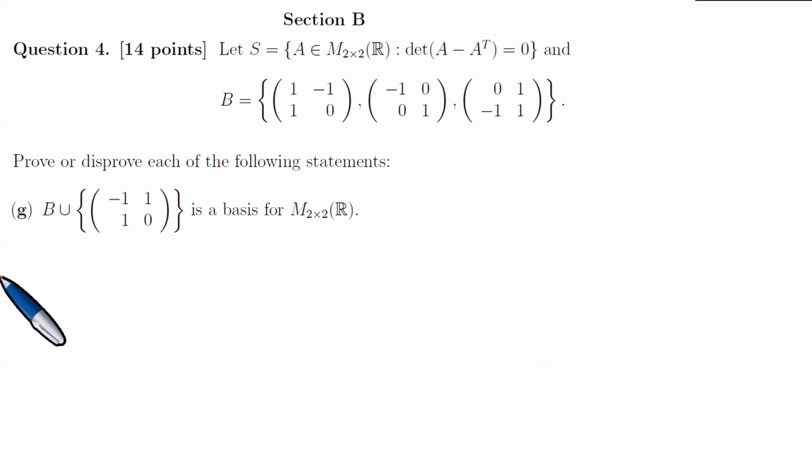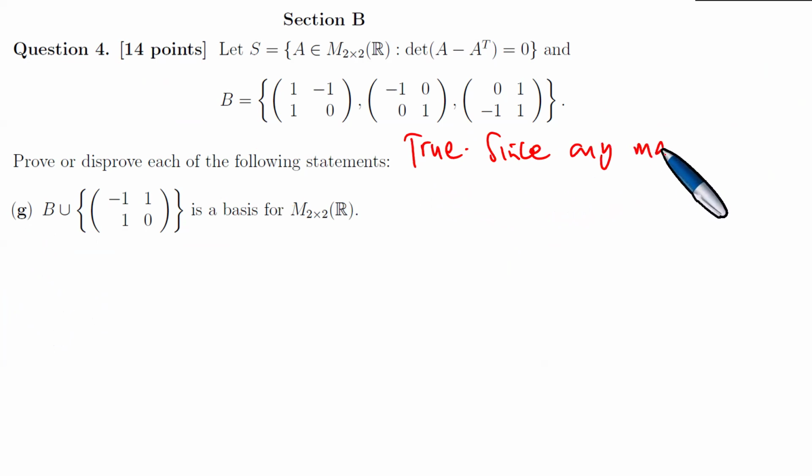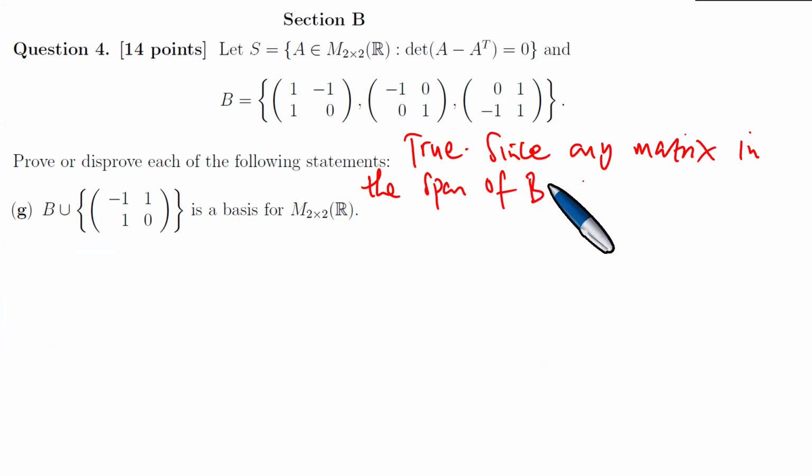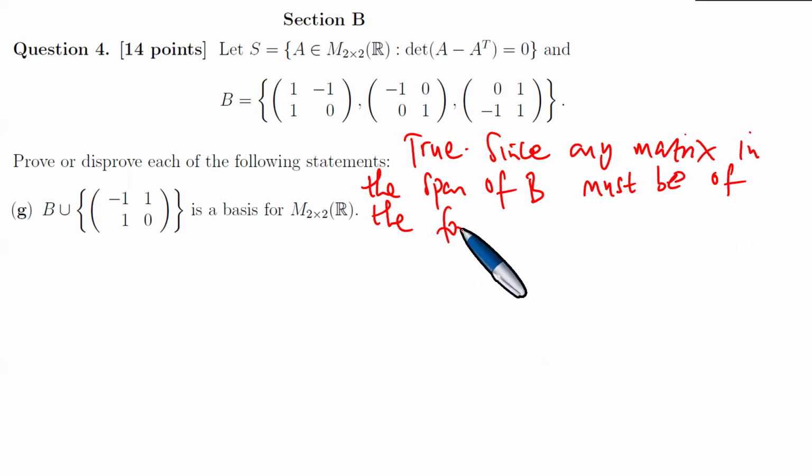One explanation, alternatively, we can go on to say, okay, it is true, since any matrix in the span of B must be, okay, this one is tricky to see, must be of the form, the claim we made earlier. It must be of the form, so the element in the span must be of the form A, B, then minus B, that.